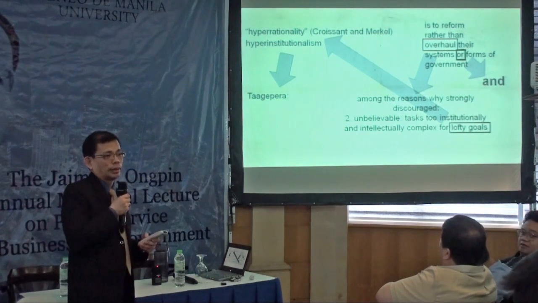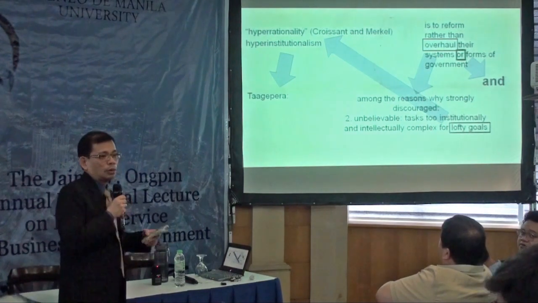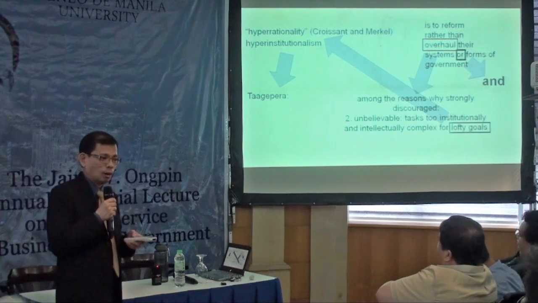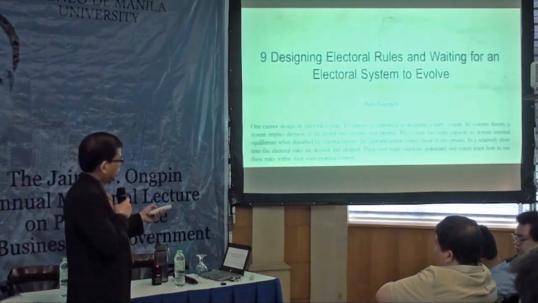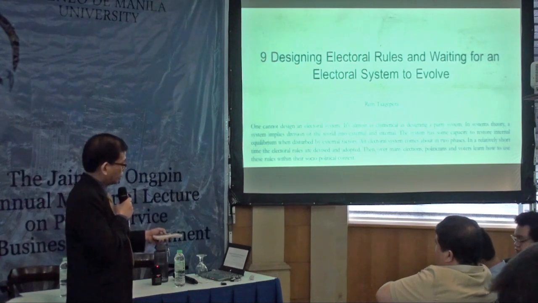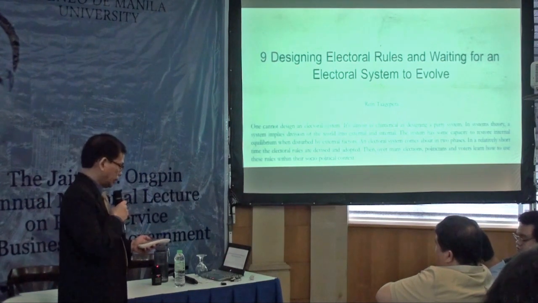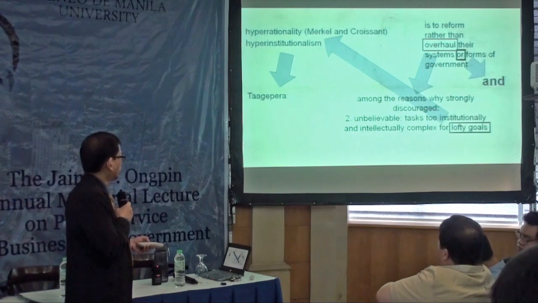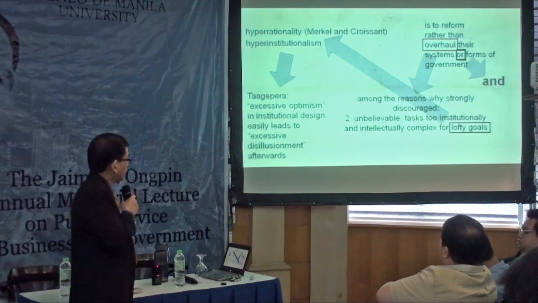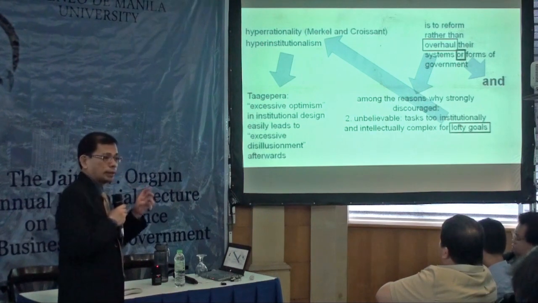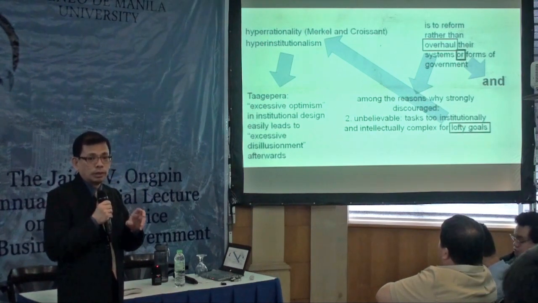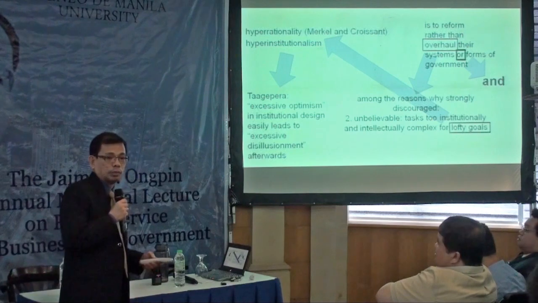We quote Rein Taagepera, one of the most important scholars on electoral system design. He warns us, this is a major work, designing electoral rules and waiting for an electoral system to evolve. He warns us that excessive optimism in institutional design easily leads to excessive disillusionment afterwards and can be very dangerous for a democracy.